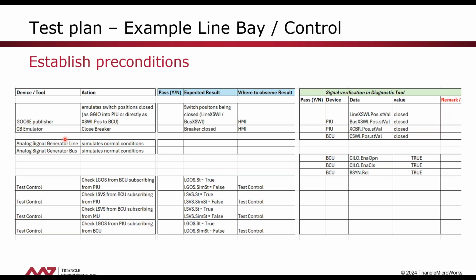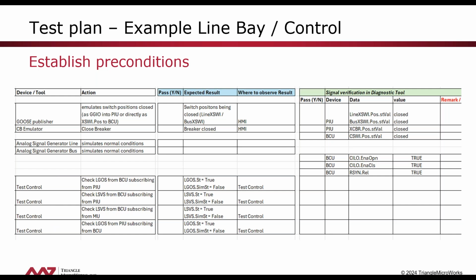The signal generators on the line and on the bus simulated normal conditions. And then we also checked all the logical nodes LGOS and LSVS to be sure that the devices receive the relevant GOOSE and sample value messages. On the right side, we show the signals that we could verify in the diagnostic tool as a result, to check that these preconditions are met.